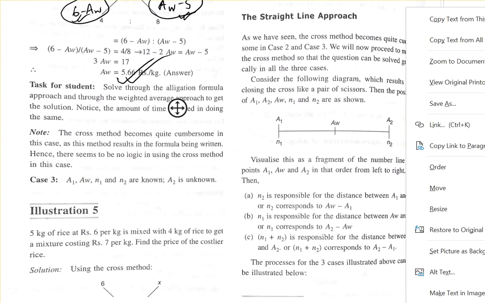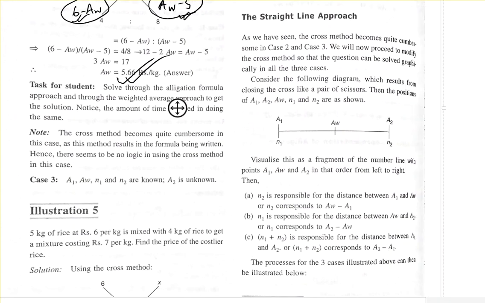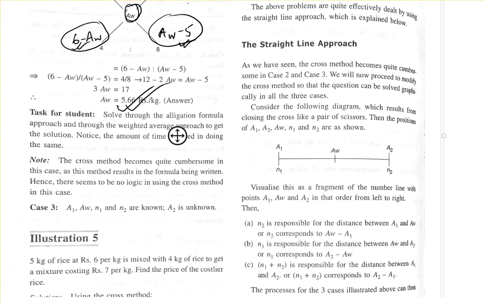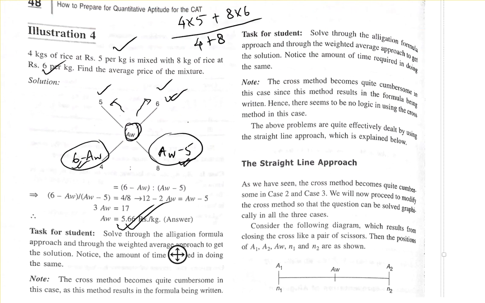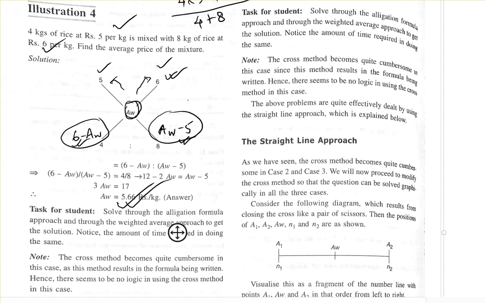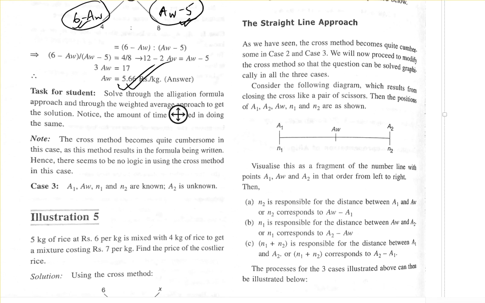Now, the straight line approach. As we have seen, the cross method becomes quite cumbersome in case 2 and case 3. You see in illustration 4, the cross method was difficult. So we will now proceed to modify the cross method so that the question can be solved graphically in all three cases.